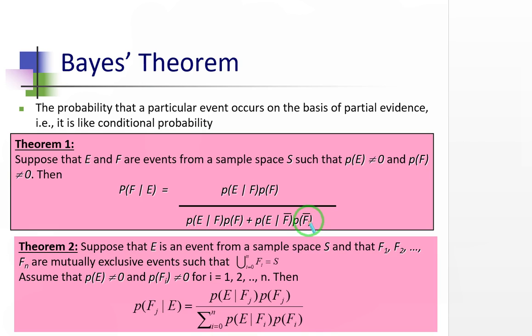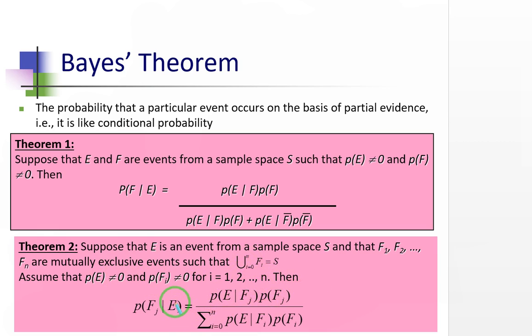Theorem 2 is the same as this. Suppose that E is an event from a sample space and that F1, F2, F3 up to Fn are mutually exclusive events such that the union of Fi from 1 to n is equal to S. Assume that P(E) is not equal to 0 and P(Fi) is not equal to 0 for i from 1 up to n.